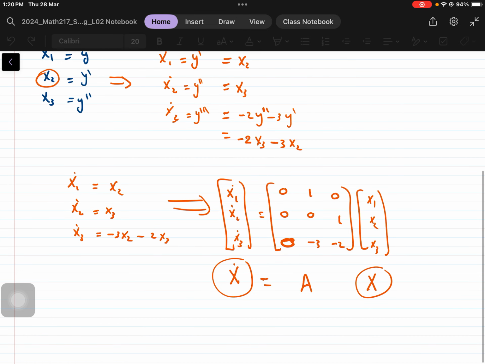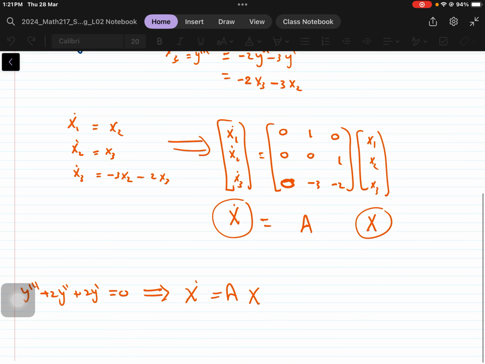Now we have done this step as well. So our system, y triple dash plus 2 y double dash plus 3 y dash equals 0, is now written in terms of x dot equal A times x. Okay? And the A matrix is this one.